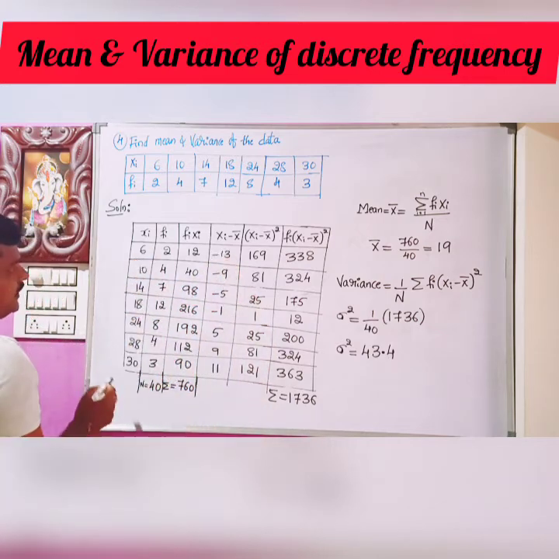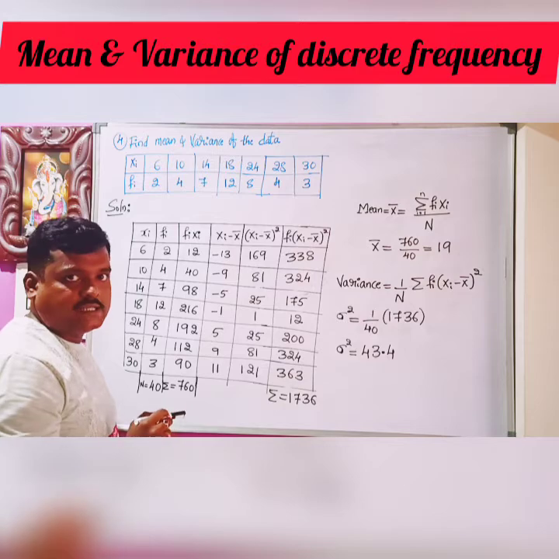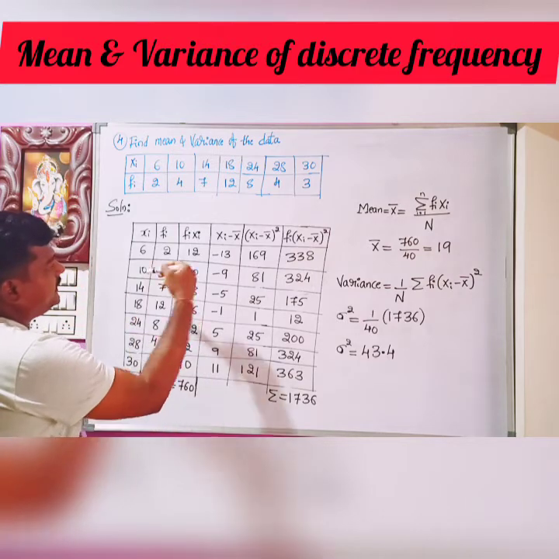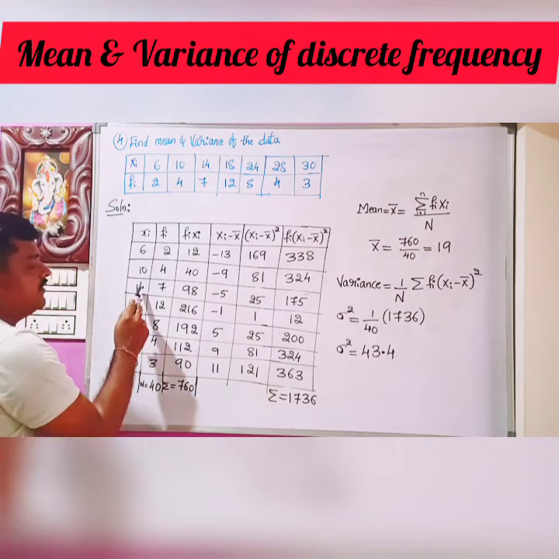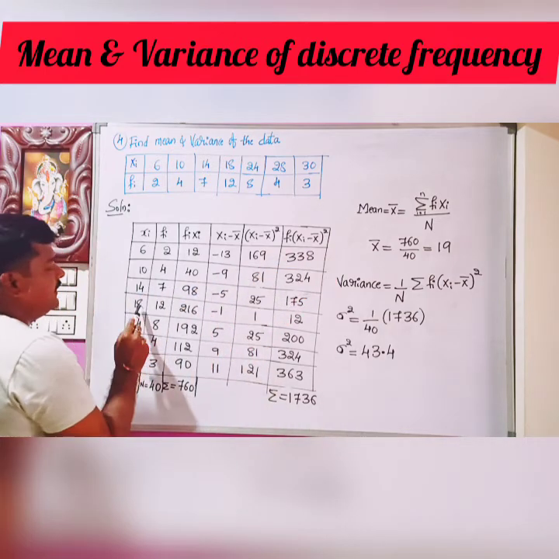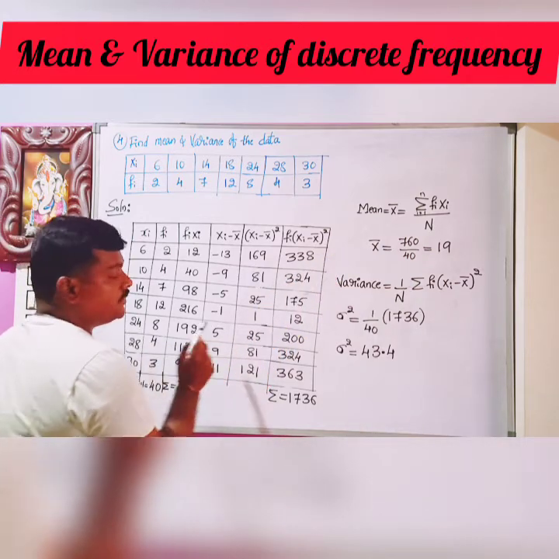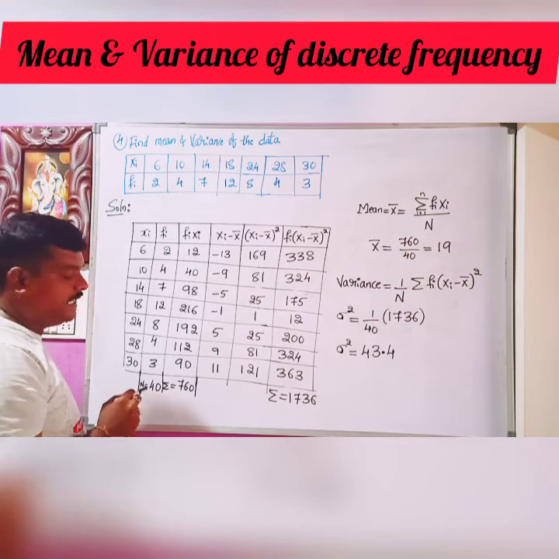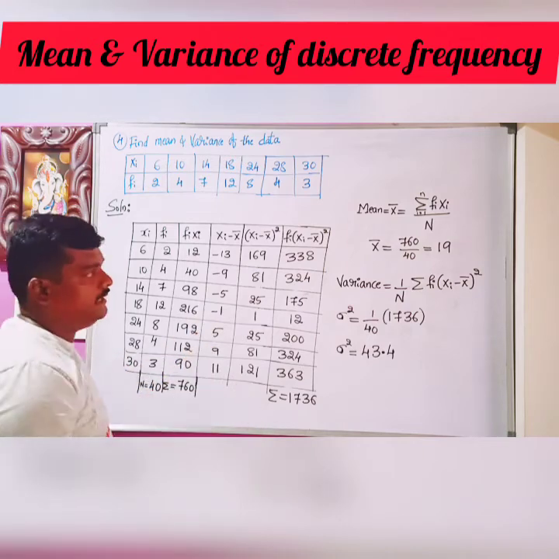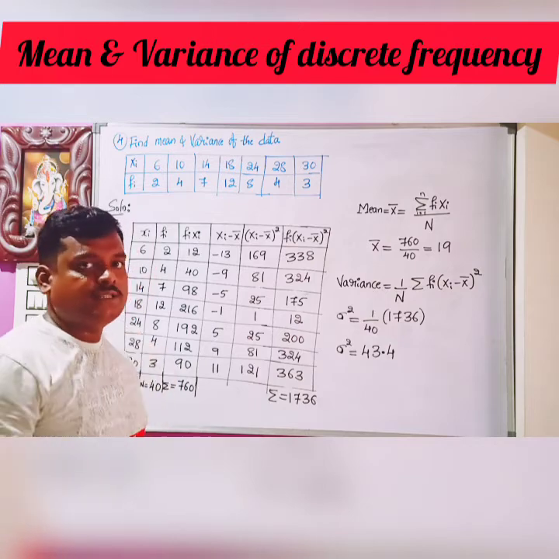Xi are the corresponding values. 6 minus 19 is minus 13. 10 minus 19, minus 9. 14 minus 19, minus 5. 18 minus 19, minus 1. 24 minus 19, plus 5. 28 minus 19, 9. 30 minus 19, 11. After finding this, we have to take the square of these values.